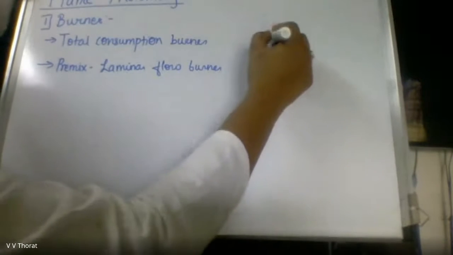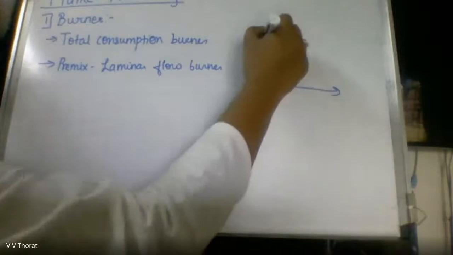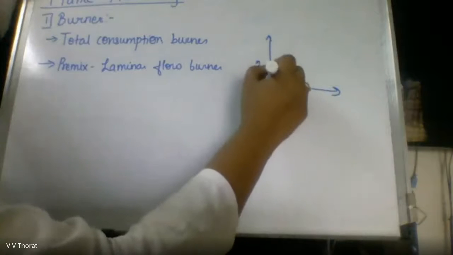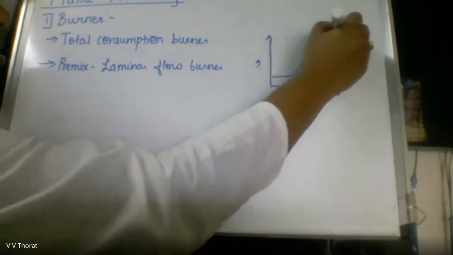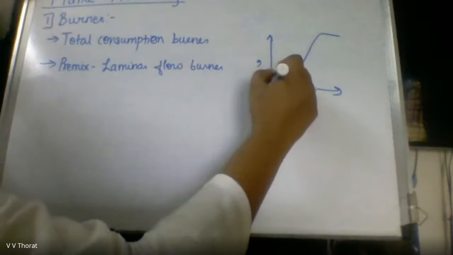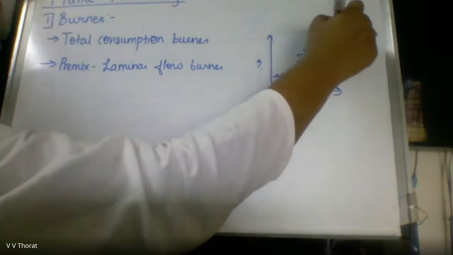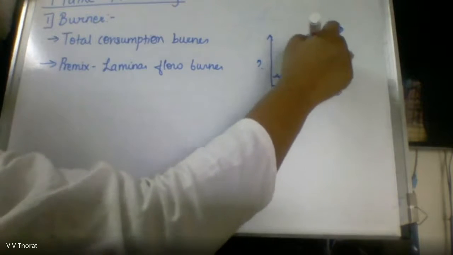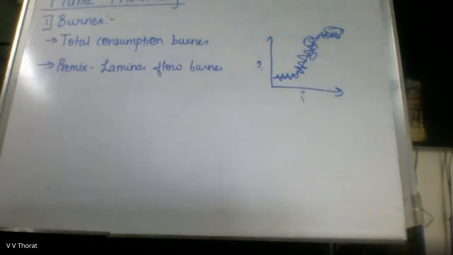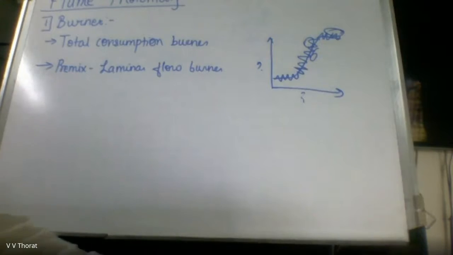Suppose in your expected graph, you are expecting an S-shaped graph. Most of the times you get these fluctuations. You don't get a smooth curve. So this unwanted variation that we get is called noise. Noise doesn't mean that there is a sound.